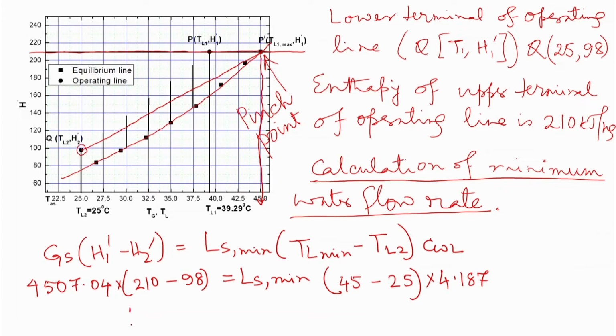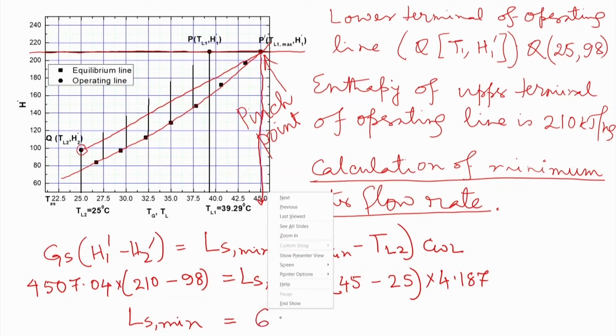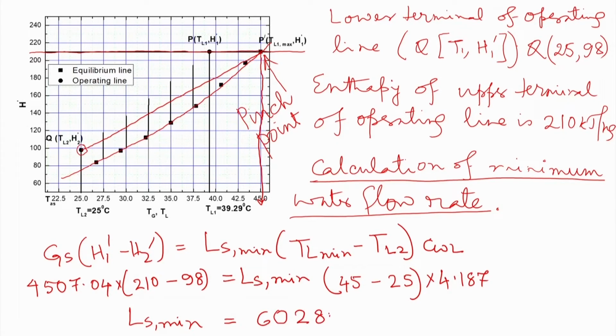So from here, Ls minimum is equal to 4507.04 into (210 minus 98) divided by (45 minus 25) into 4.187, which comes out to be 6028.05 kg per meter square hour.